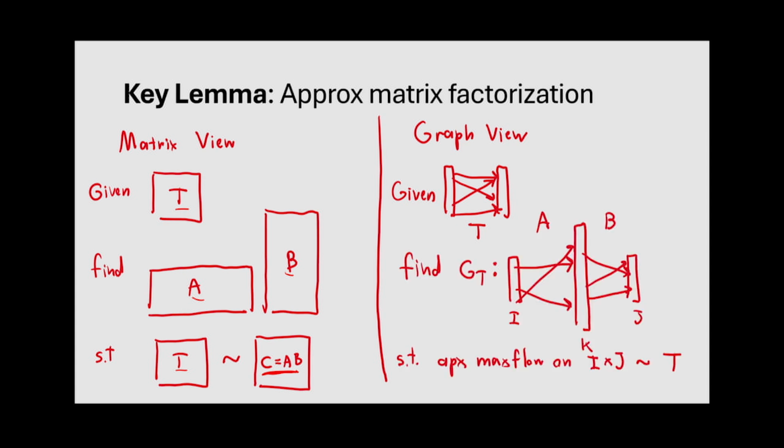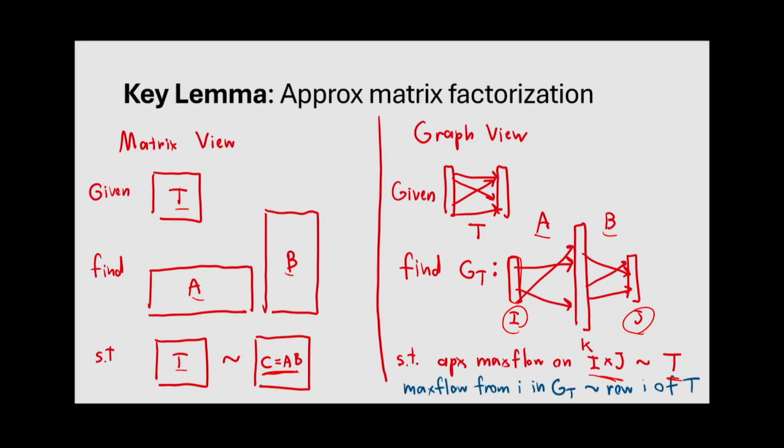And what we want to find is GT that is defined by matrices A and B like before. And we want the approximate max flow between the first and last layer to correspond to T. That's the graph view. It's the same thing here.